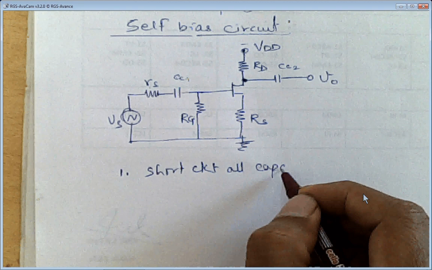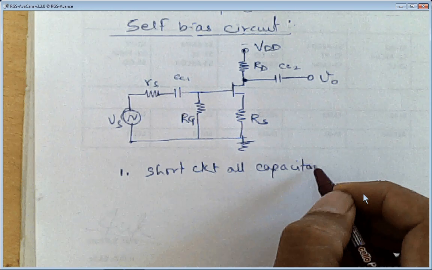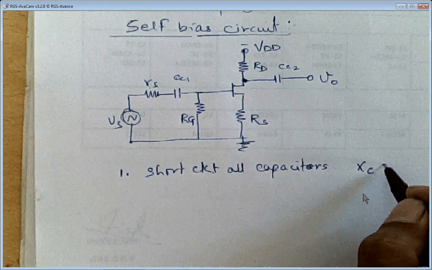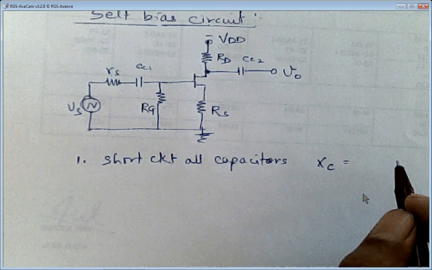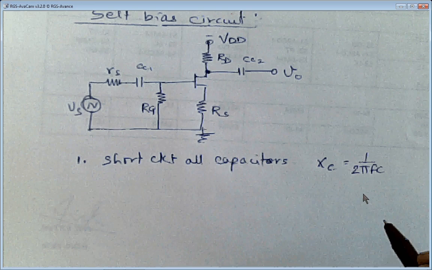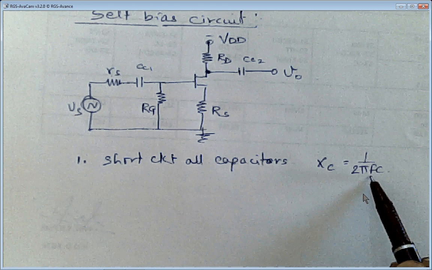Why are we open circuiting all the capacitors? The reason is that Xc of the capacitor is given by 1 upon 2 pi f C. As we are doing only DC analysis, for DC f is equal to 0.